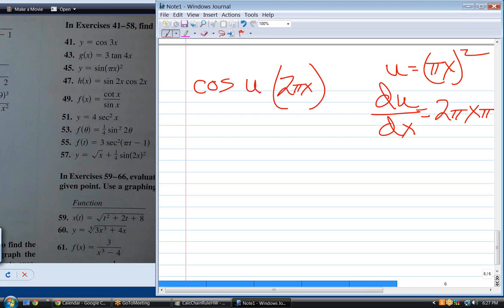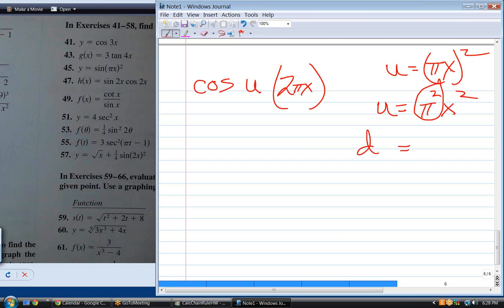It's 2 pi squared. And the other way I could see that is if I turn that into, so there's no confusion, that's the same as this. That's just a number. So du dx would be 2 times pi squared times x. So 2 pi squared x, and then you always go back and substitute for u.